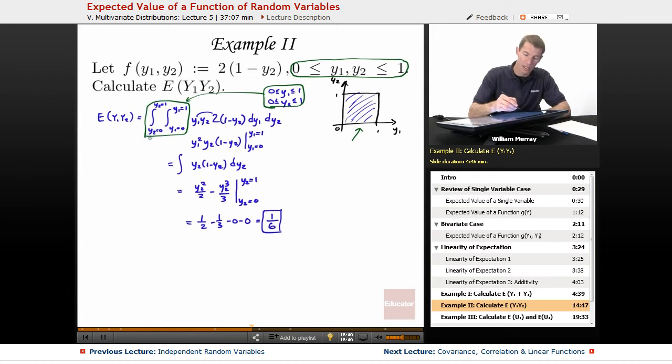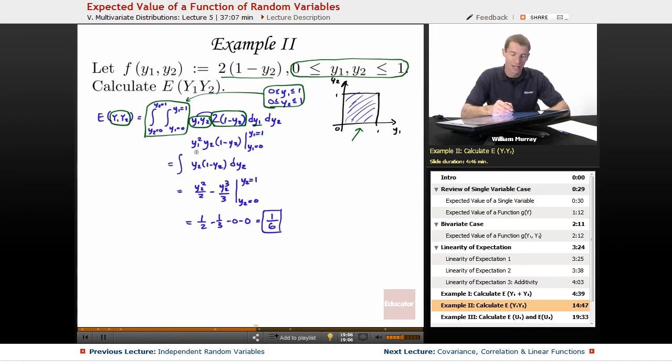And the y1 y2 here came from the fact that we were trying to find the expected value of y1 y2. And then the 2 times 1 minus y2 came from the density function that we were given. So at that point, it's just a calculus 3 problem, multivariable calculus, solving a double integral. The important thing to notice is that the first variable of integration, the inside one, is dy1.